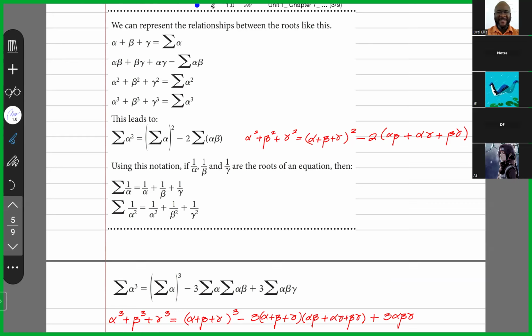Now, sigma alpha squared, which is the same as saying alpha squared plus beta squared plus gamma squared, is equal to sigma alpha all squared minus 2 sigma alpha beta. In other words, alpha squared plus beta squared plus gamma squared is equal to alpha plus beta plus gamma all squared minus 2 times alpha beta plus beta gamma plus alpha gamma.